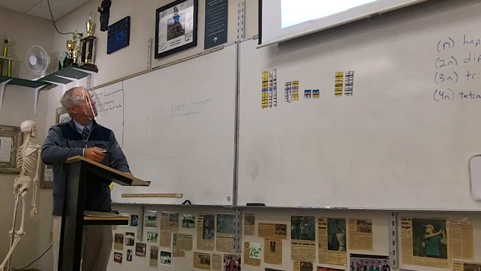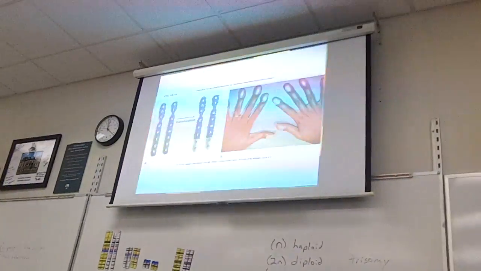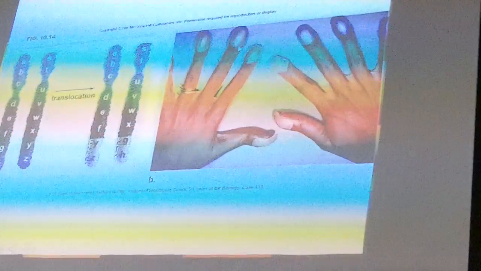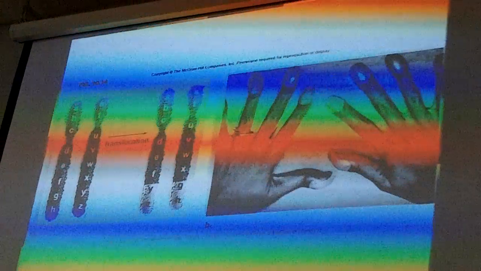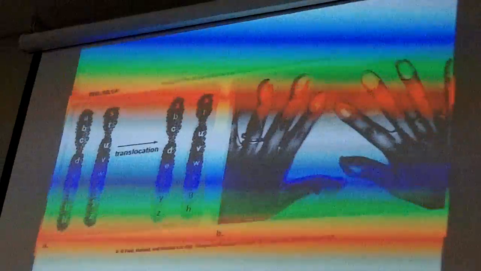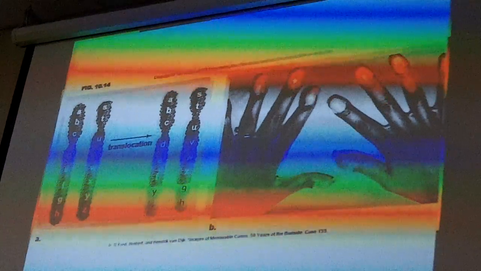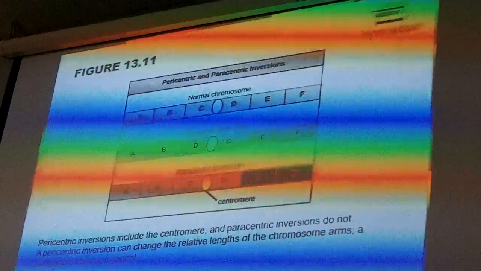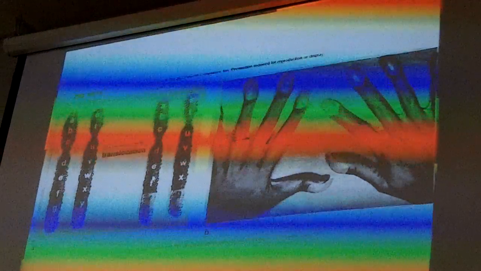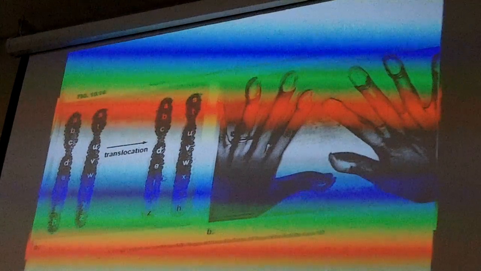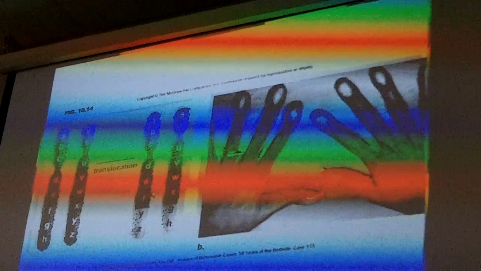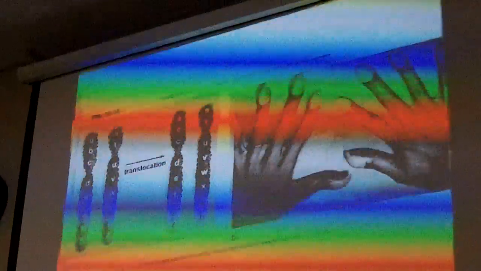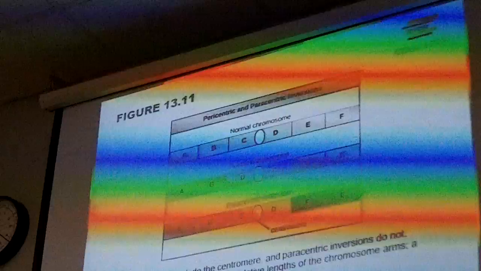Look at this. You ever see anyone with fingernails like that? Do you wish you had fingernails like that? No. That's from a translocation that happens between two of the chromosomes. Does that have a name? I should have the names on the slides. This is from a different textbook, our old textbook.